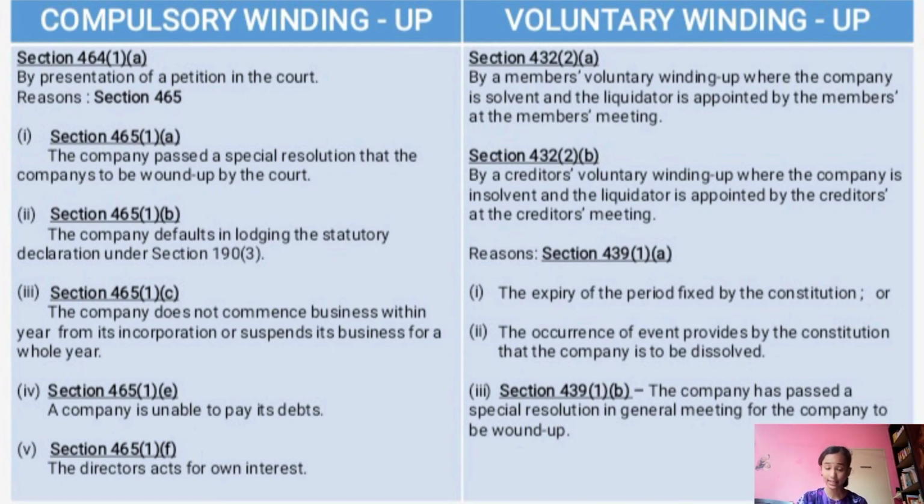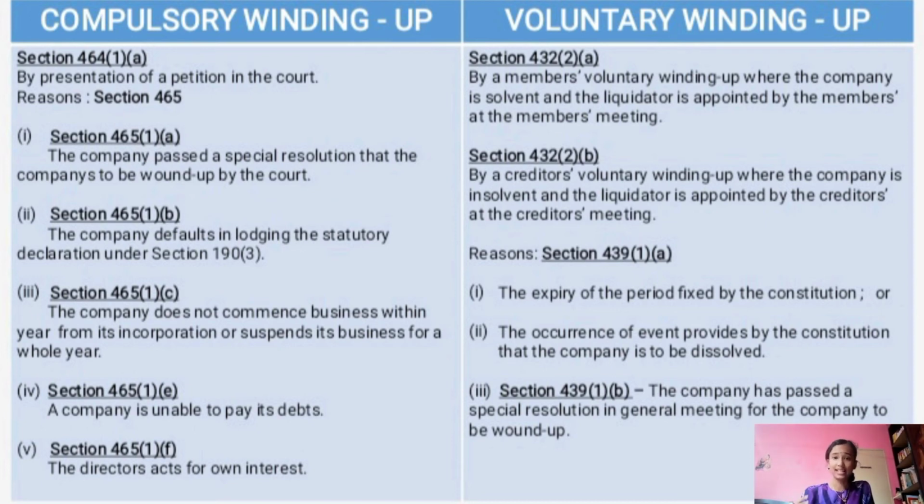It is commenced by a members' voluntary winding up where the company is solvent. Solvent means the company is able to pay its debts, and the liquidator is appointed by the members of the company in a members' meeting.